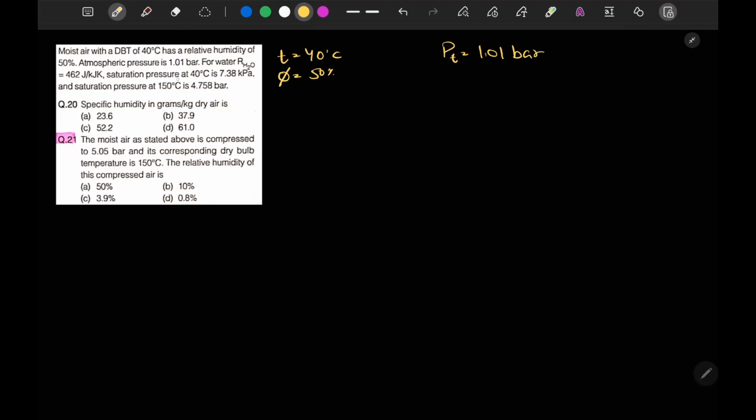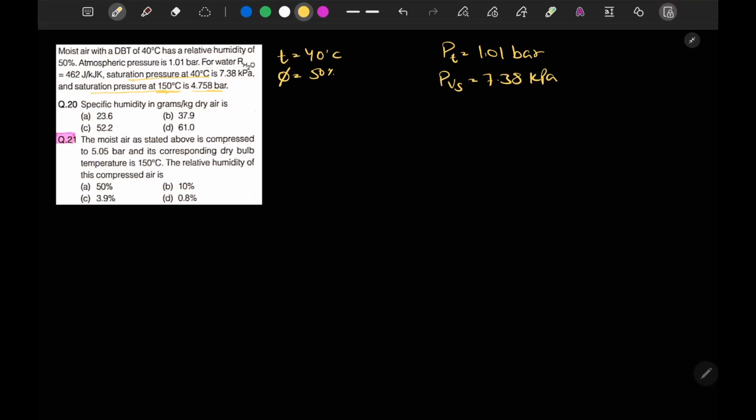The saturation pressure at 40 degrees Celsius means our PVS value is given. PVS is 7.38 kilopascal. The saturation pressure at 150 degrees Celsius is also given in bar, but let's leave this, it is of no use for us now.